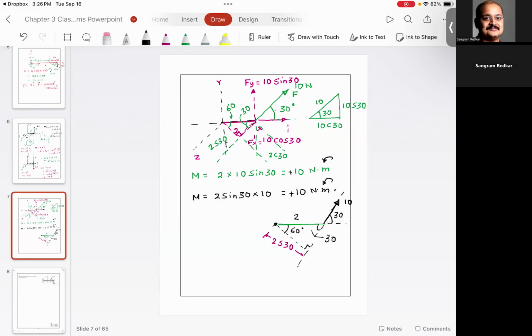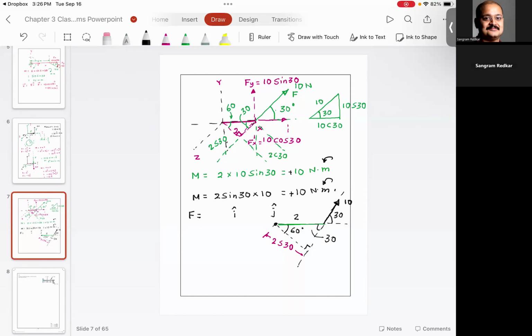Now, if I were to do this using vector representation, how would it look? Can someone tell me, if I want to represent force in some i and some j, what should I write? Vertical component of force is aligned with the j component.